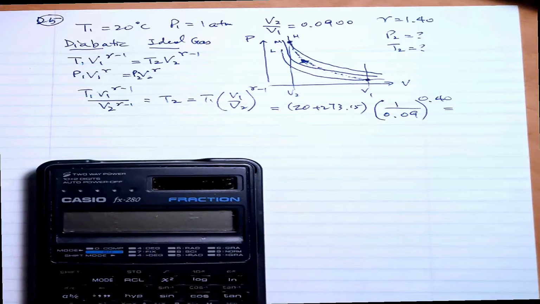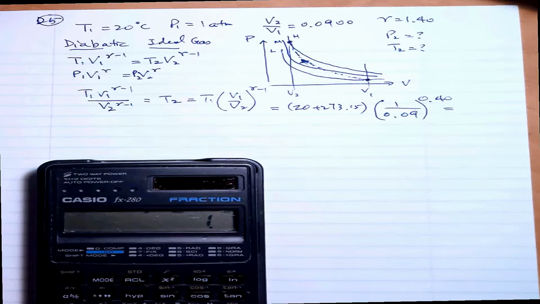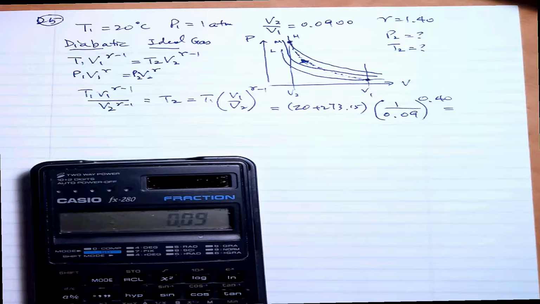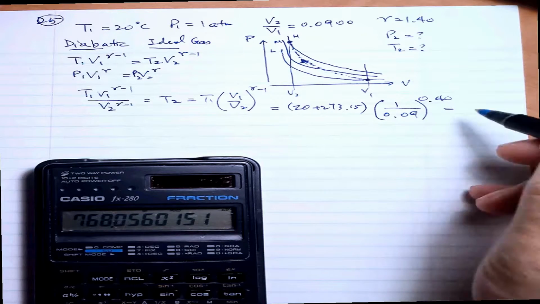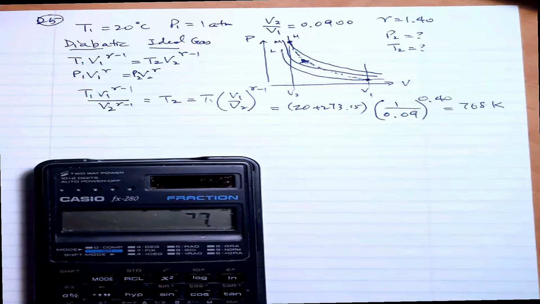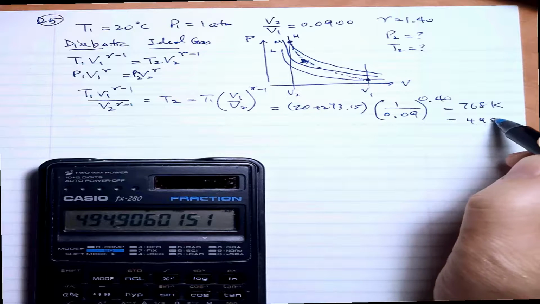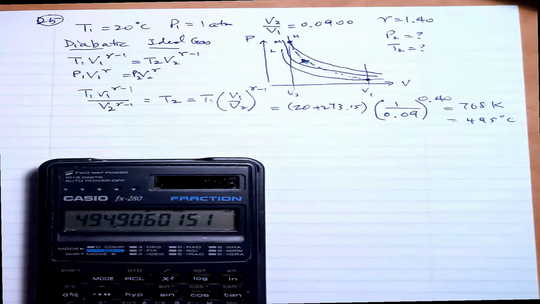Once you punch in the calculator, 293.15 times the bracket 1 divided by 0.09 to the power of 0.4, I get a temperature of 768 Kelvin. Minus 273.15, I get 495 degrees Celsius. So that is your first answer for final temperature.